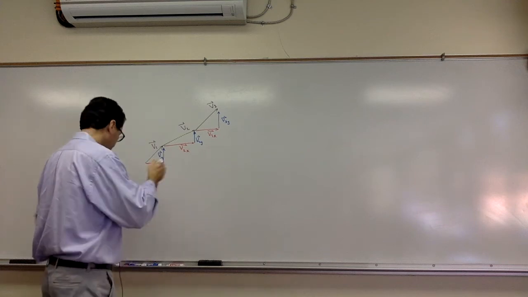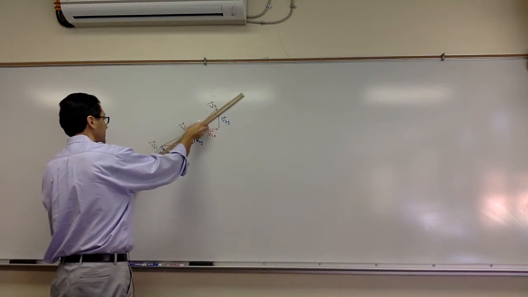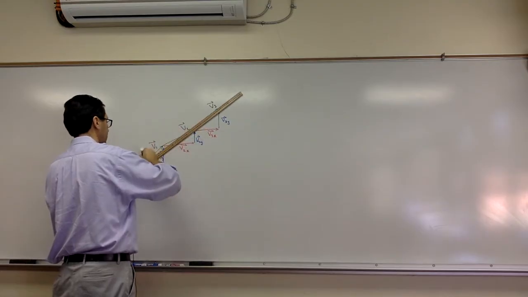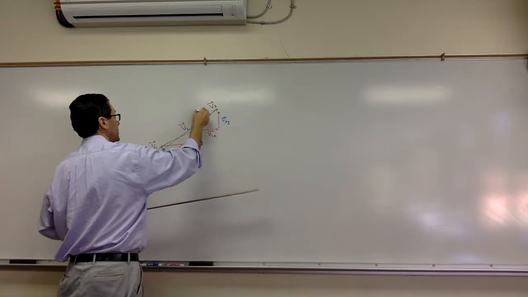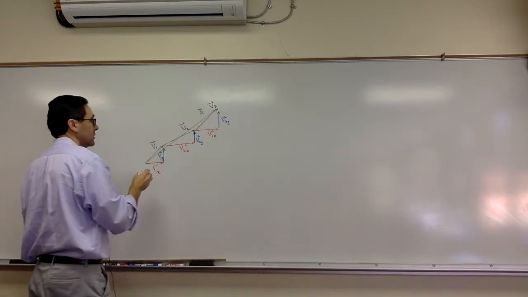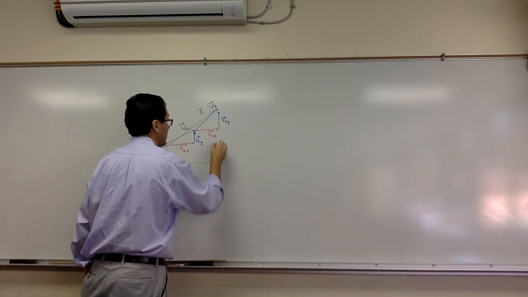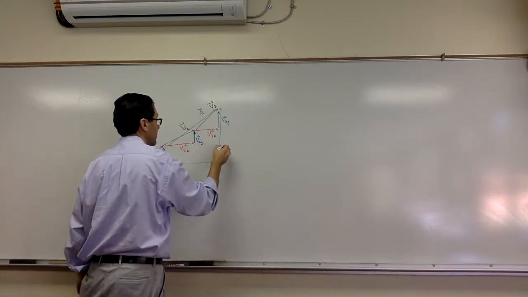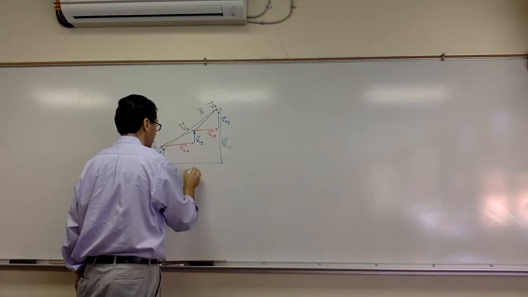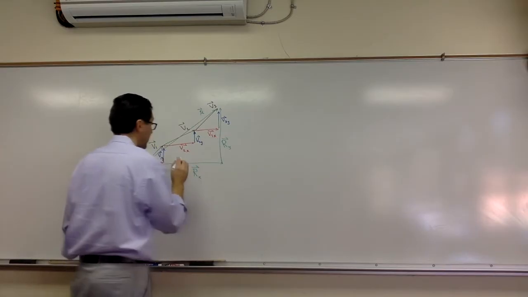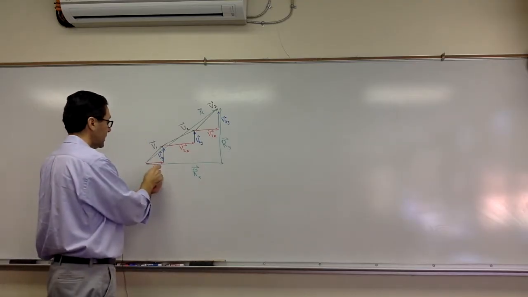The resultant would be connecting the very first position to the very last arrowhead. So this is my resultant, R. Now the components of that resultant are going to be this green one here and this green one here, so this is going to be Ry and Rx.